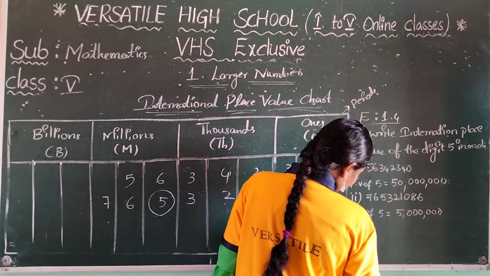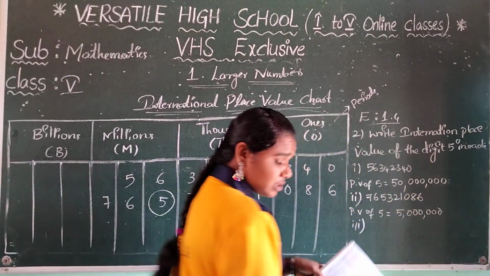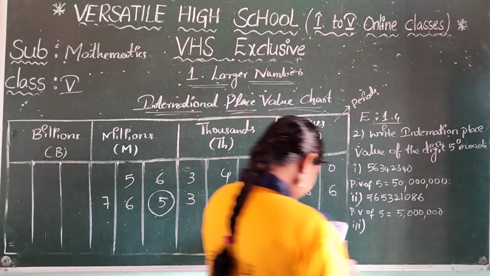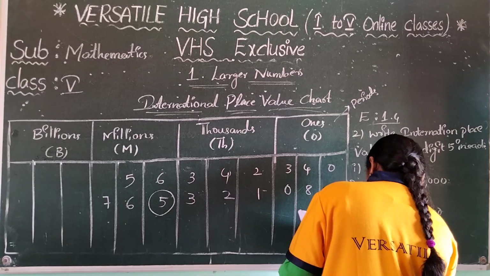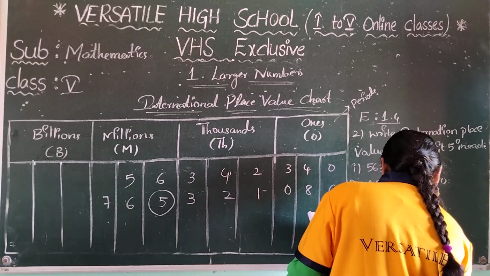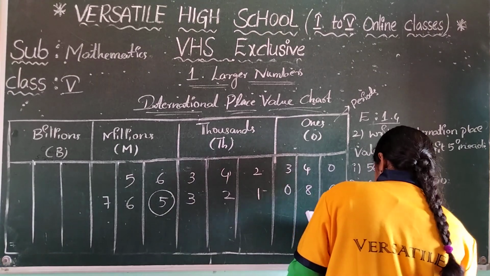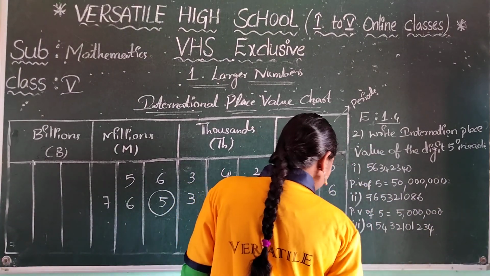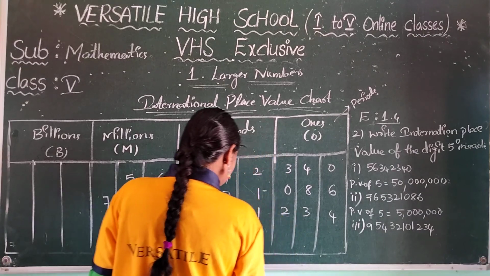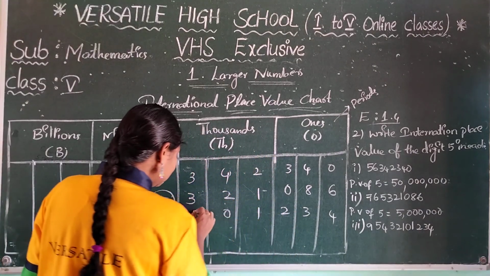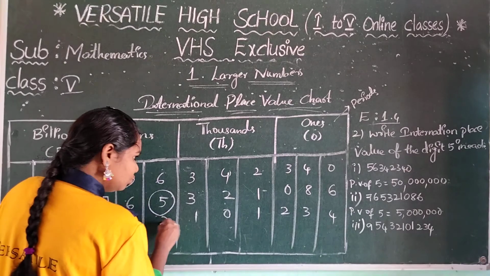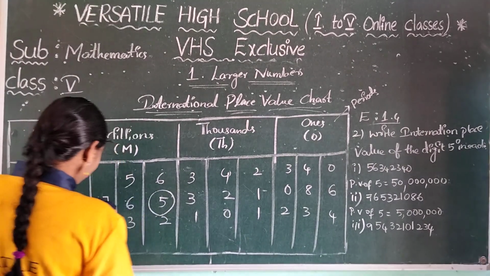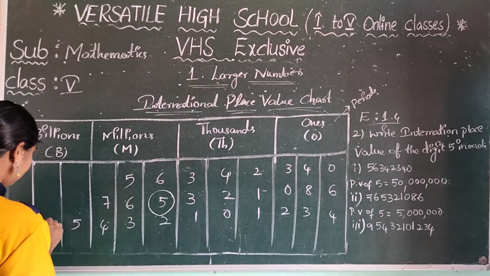Next, third one. What is the third question? 95,432,101,234.